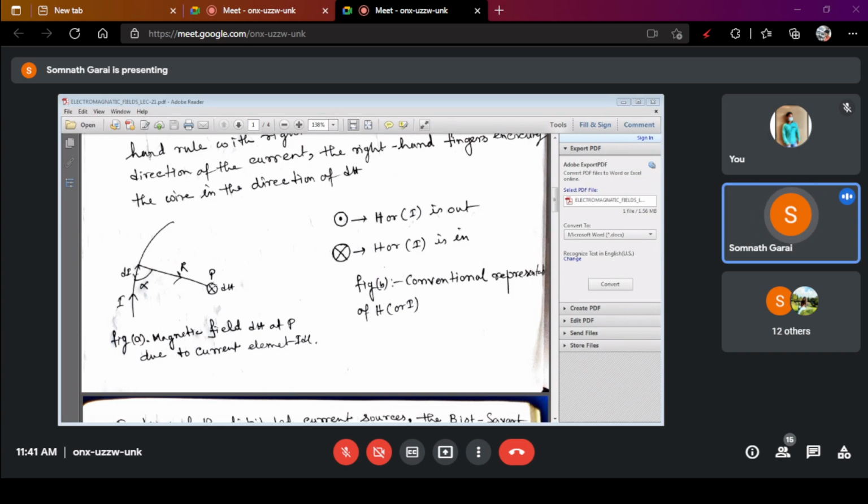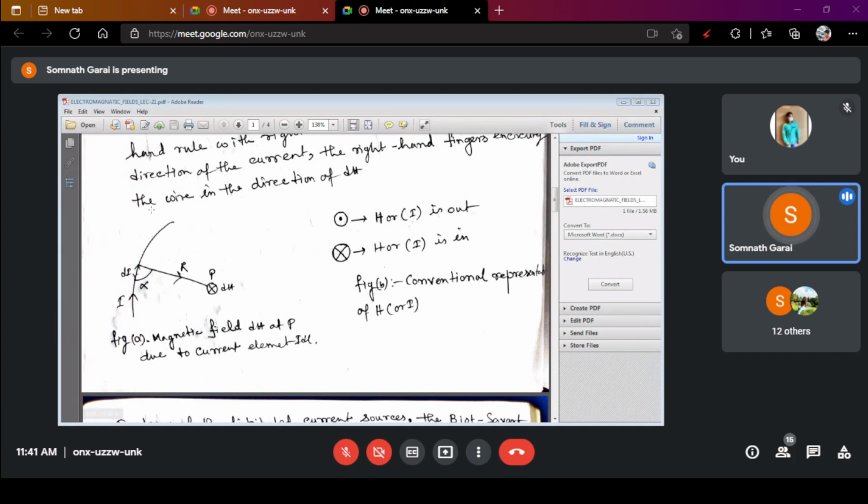One thing to remember: there are two different types of magnetic poles. Their pictorial representations are this and this. A circle with a dot means the field or flux comes out from the pole. A cross means the field or flux is going into the magnetic pole, right?